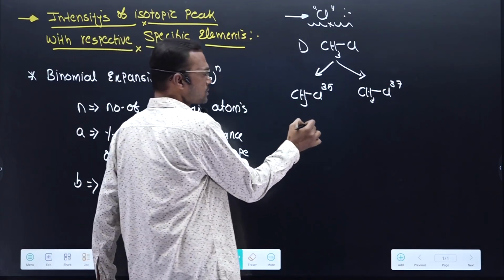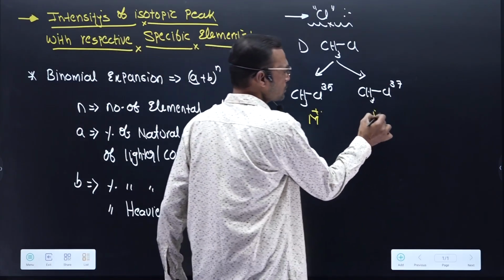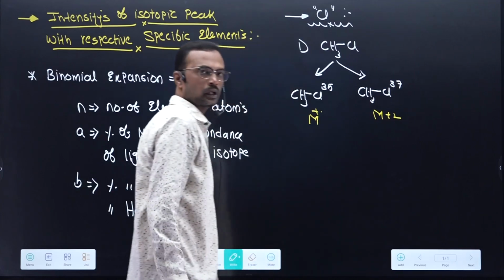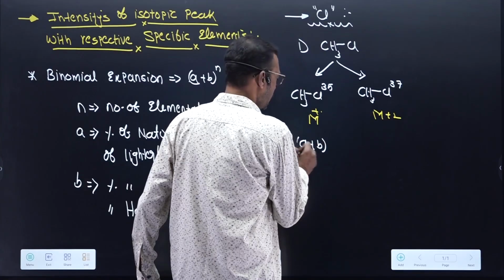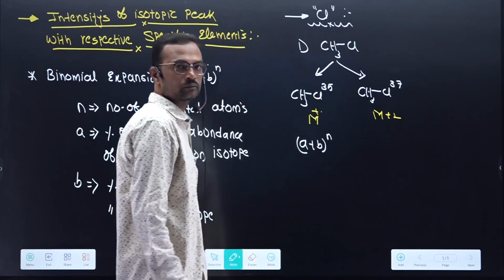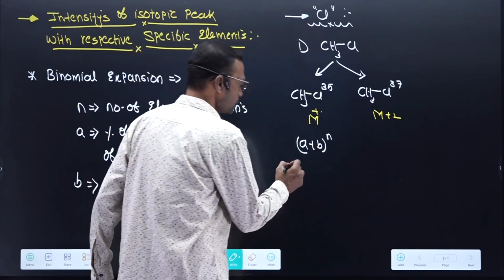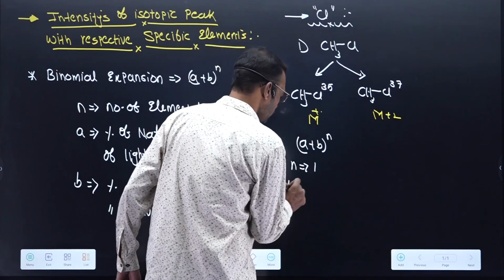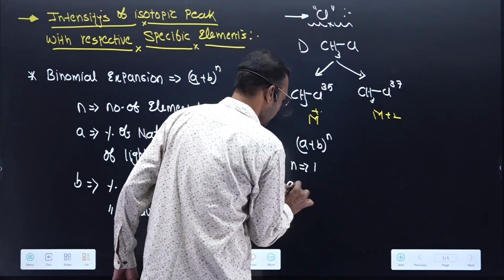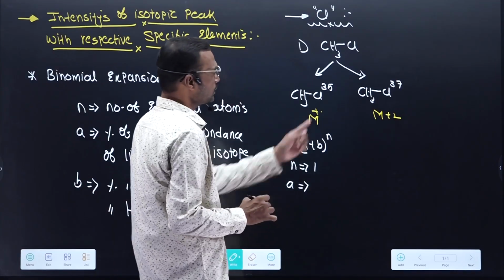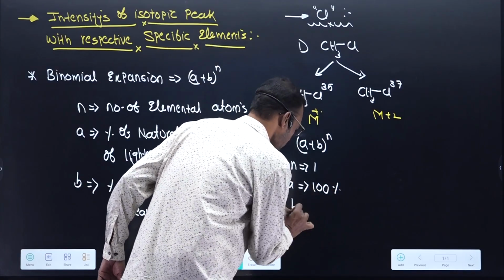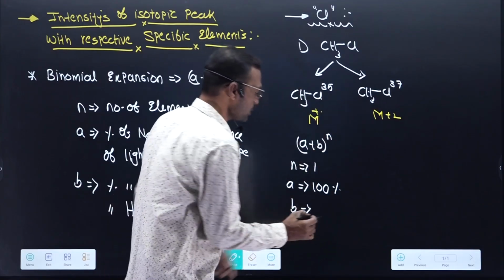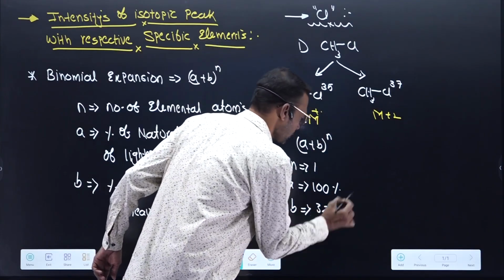This is the molecular ion and this is the M plus 2 isotopic peak. Now if you apply the (A plus B) to the power n binomial expansion, here n is equal to 1. And what about A? Chlorine lighter isotope, 35 abundance, is almost 100%. And what about B? Heavier isotope 37 percentage is nearly 32.5.